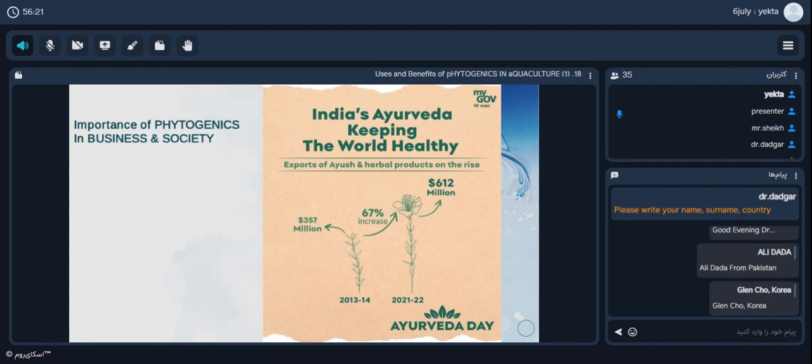And after 8 to 9 years, in 21-22, it has shown a 67% increase in revenue. It is showing how the export volume is increasing. It is only about the export volume from India to abroad. You can take the same herb-producing countries like China or others; they are having tremendous growth.